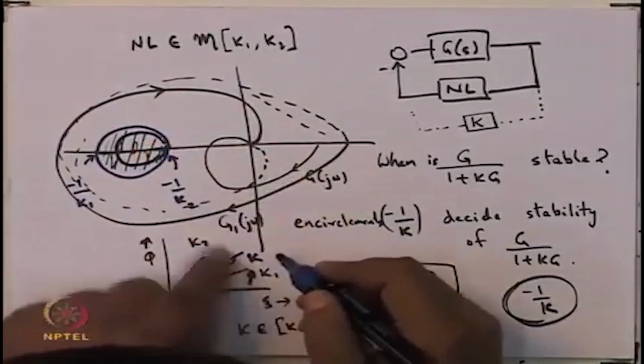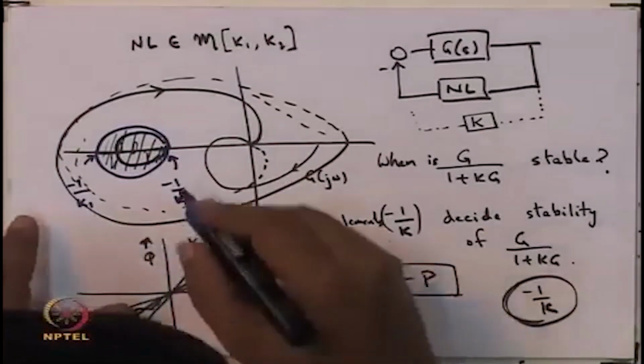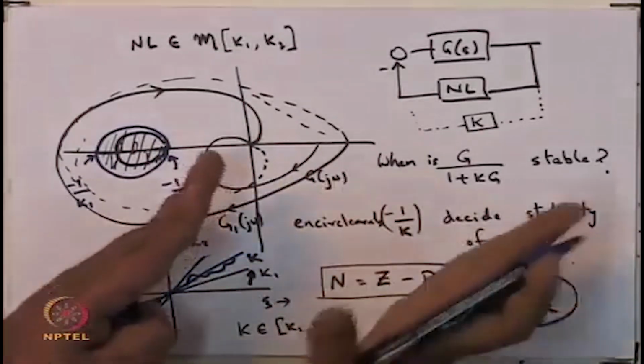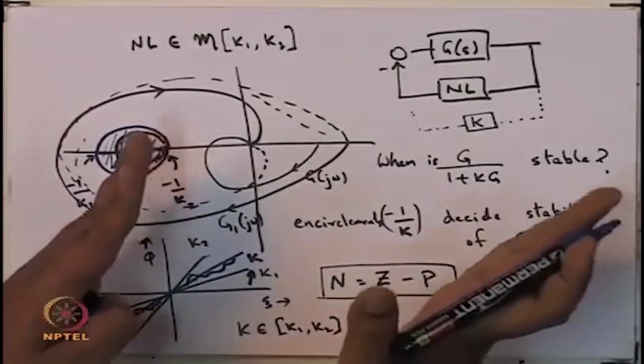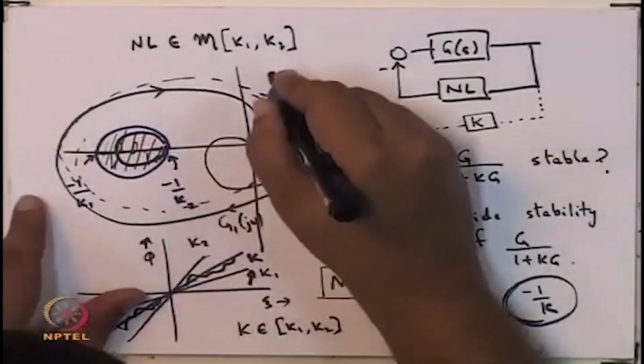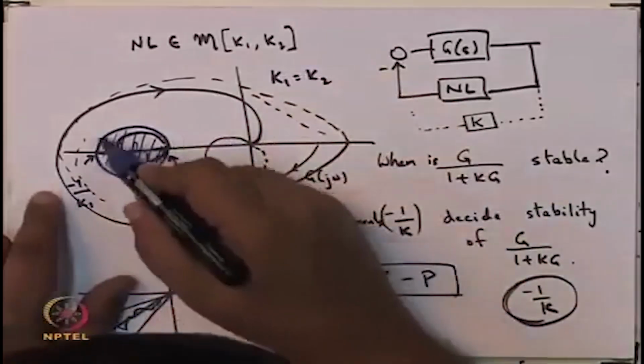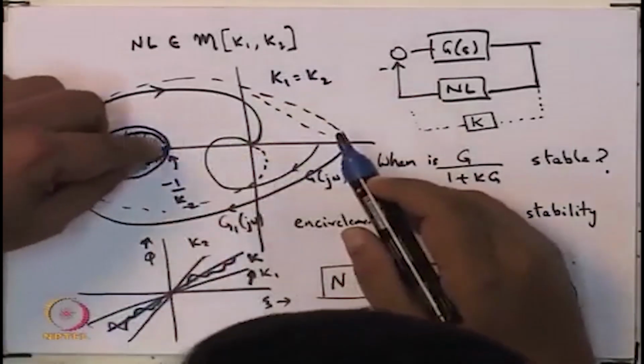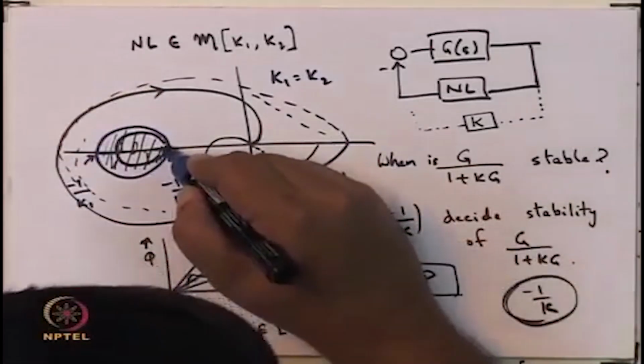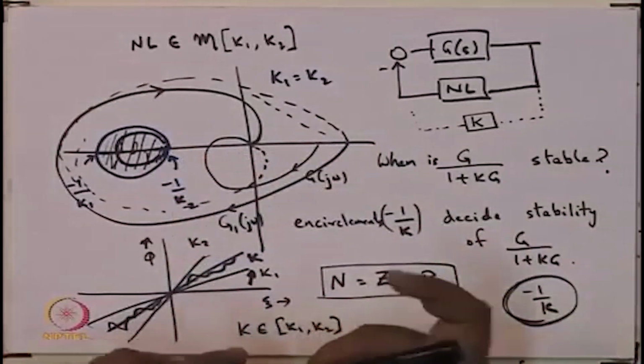Okay. And then as it's allowed to go up and up, let's say k1 is made larger and larger until finally k1 is equal to k2. Then this circle would have shrunk until it becomes just this point, minus 1 by k2.